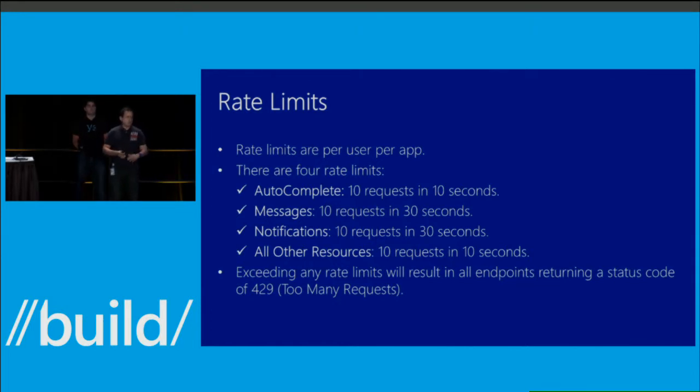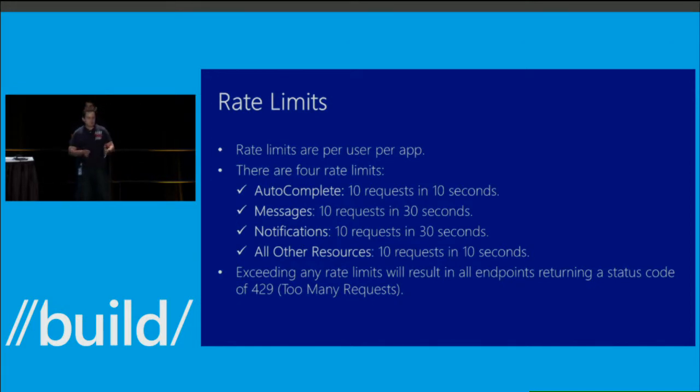Messages and notifications are a little slower in activity, so we only allow 10 requests per 30 seconds. Any other endpoint will have the same 10 by 10 rule as autocomplete. So what does that mean as a developer? When a user of your application starts hitting the button, or for whatever reason you are requesting too much information from the network, you will start getting 429s as a response from our API with a message that says too many requests.